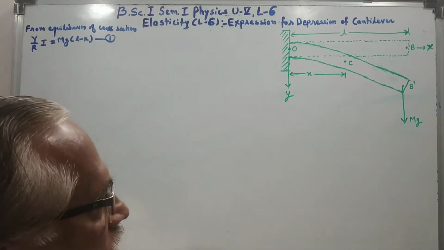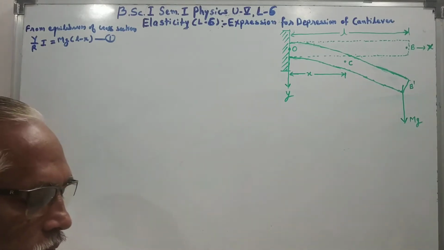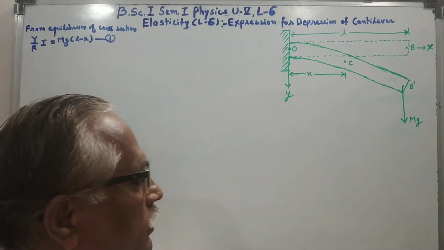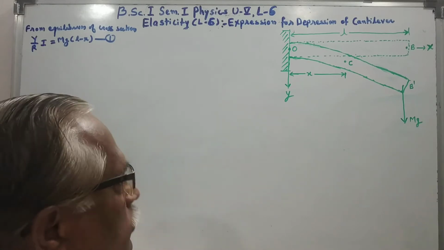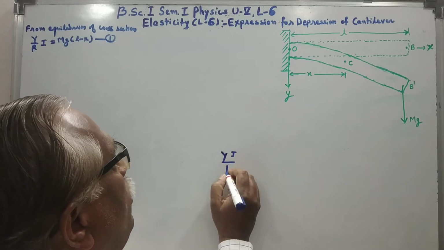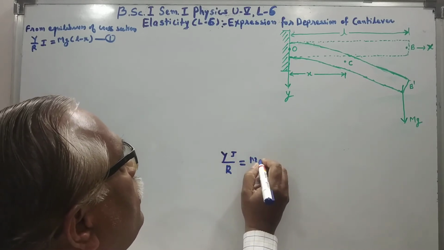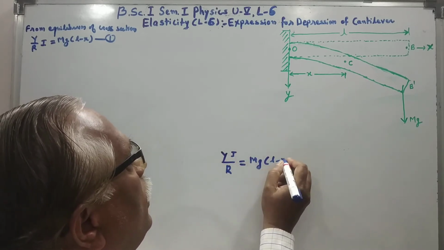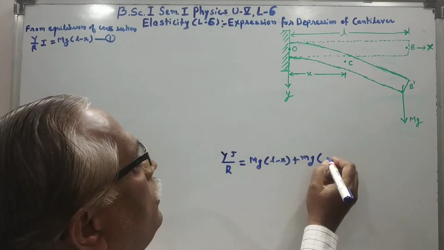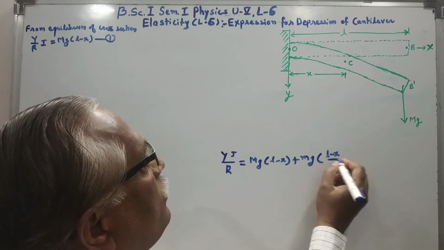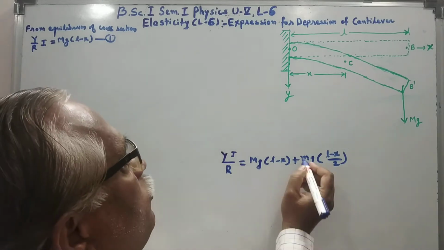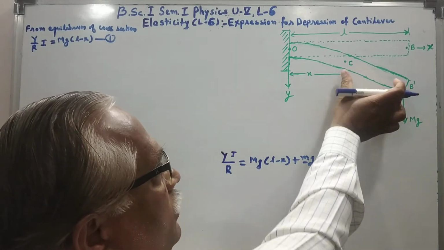In the previous lecture, we studied the equilibrium conditions. In equilibrium, the internal bending moment is equal to the external bending moment, that is Y into I upon R is equal to capital Mg into (L minus x) plus small mg into (L minus x) by 2. Here small m is the mass of the part BC of the beam.